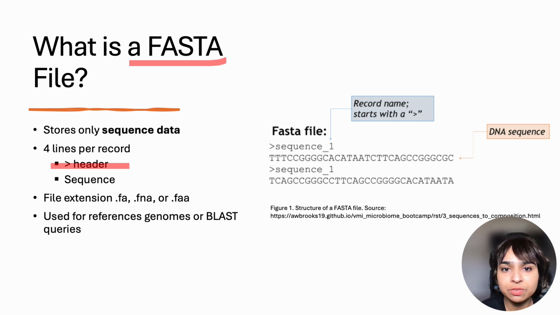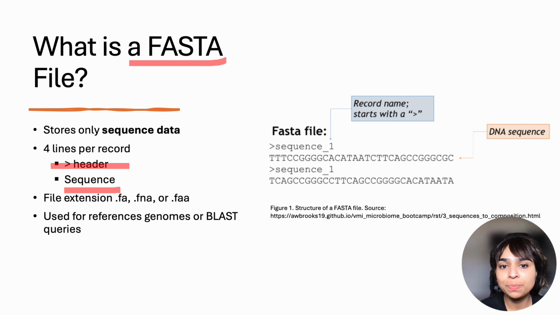This line gives information about the sequence, like its identifier, name, or description. Everything after the header is the actual sequence, written as a string of single-letter codes, A, T, G, C for nucleotides or amino acid letters for proteins.